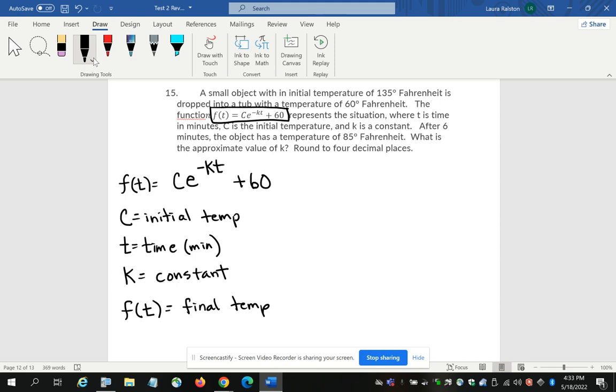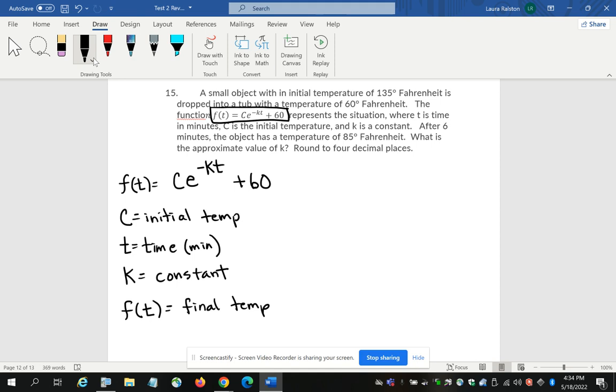Okay, so if I go back, that identifies my formula. I've identified what each letter or variable represents. So let's see. I'm going to read the question. A small object with an initial temperature of 135 degrees Fahrenheit is dropped into a tub with a temperature of 60 degrees Fahrenheit.